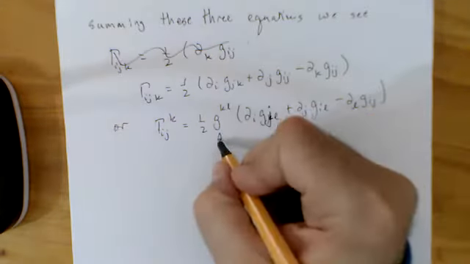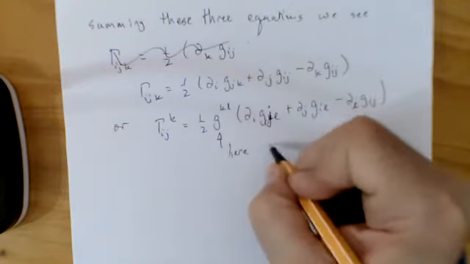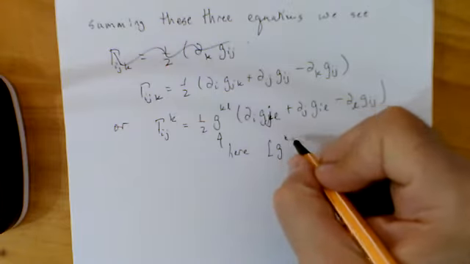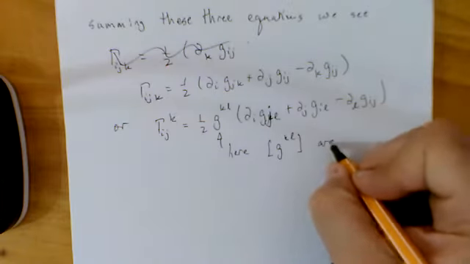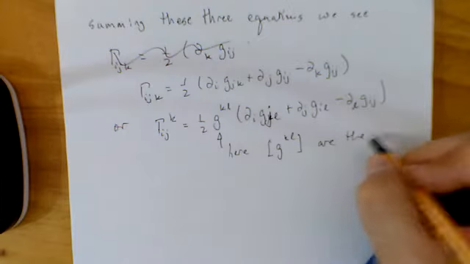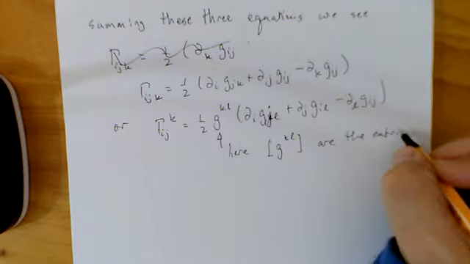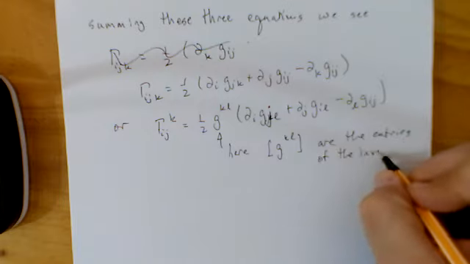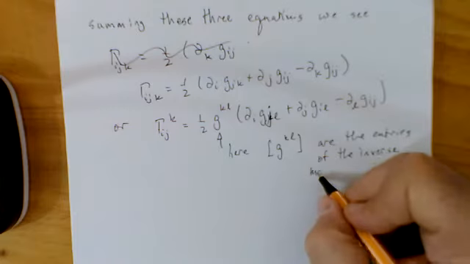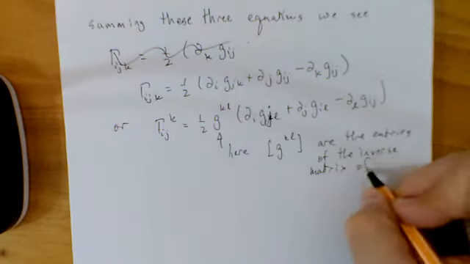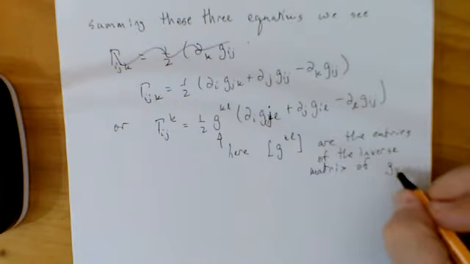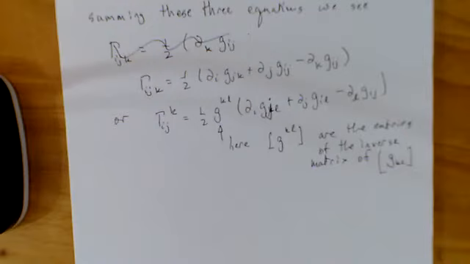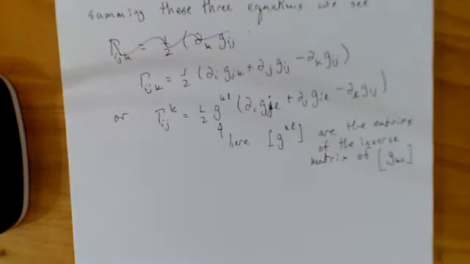So here are the entries, the coefficients, of the inverse matrix of the metric. I use this to raise and lower indices.